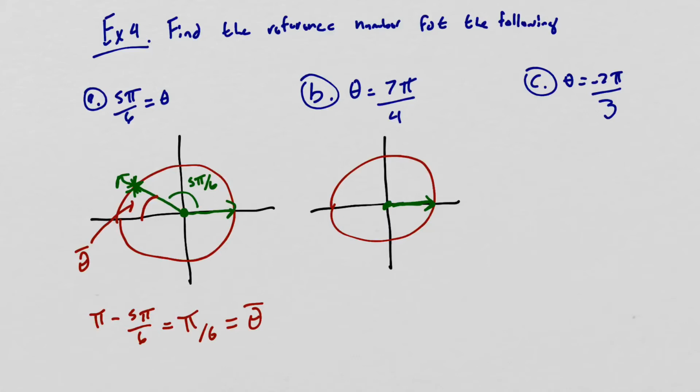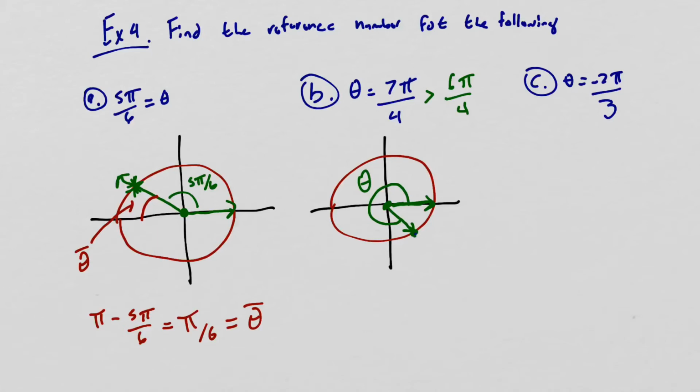And clearly 7 pi divided by 4 is larger than 3 pi divided by 2, because if we change the denominator of 3 pi divided by 2, we'll get 6 pi divided by 4. This means that the terminal point is going to lie in the fourth quadrant determined by this angle theta.